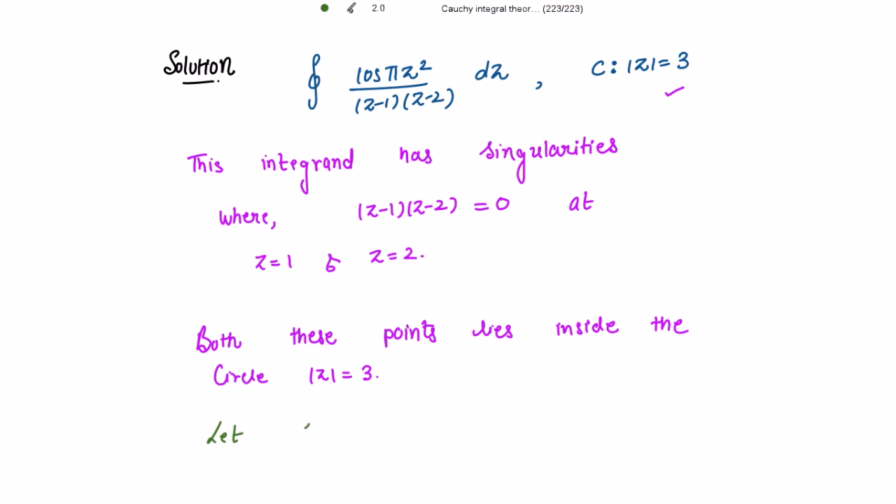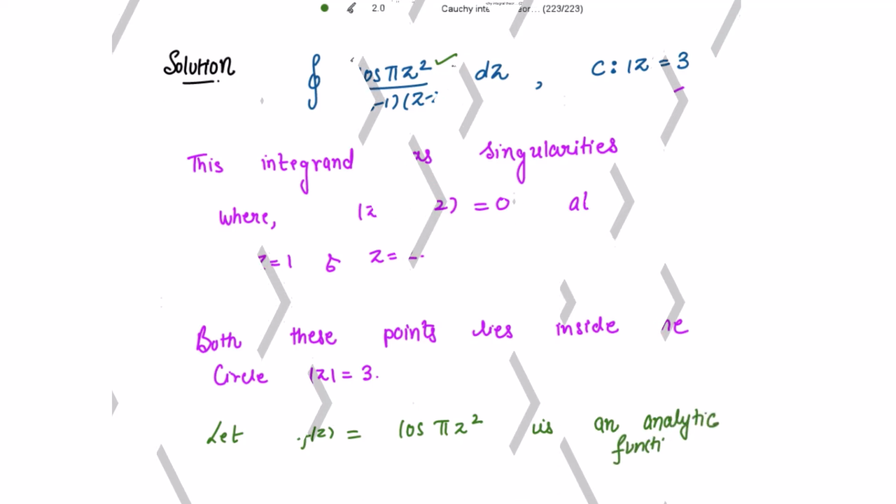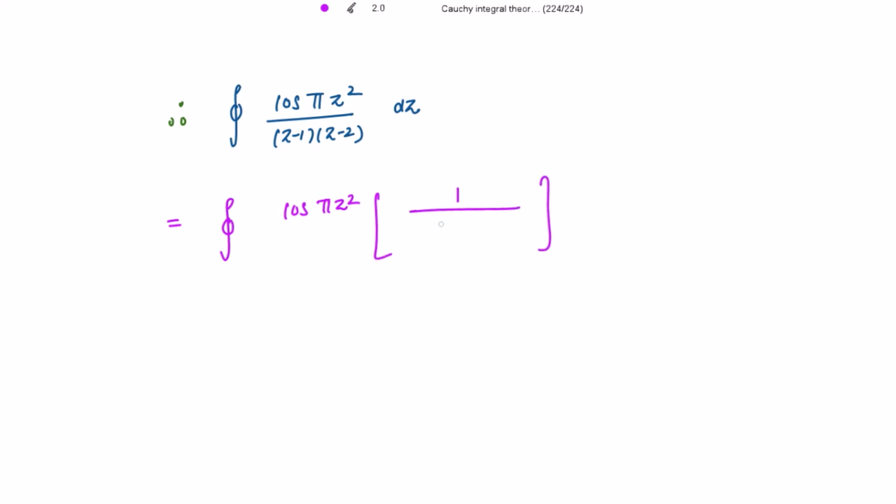So let's take f(z) to be equal to this numerator, that is cos(πz²), which is your analytic function. Therefore, the given line integral can be written as, let's take cos(πz²) outside of this bracket.